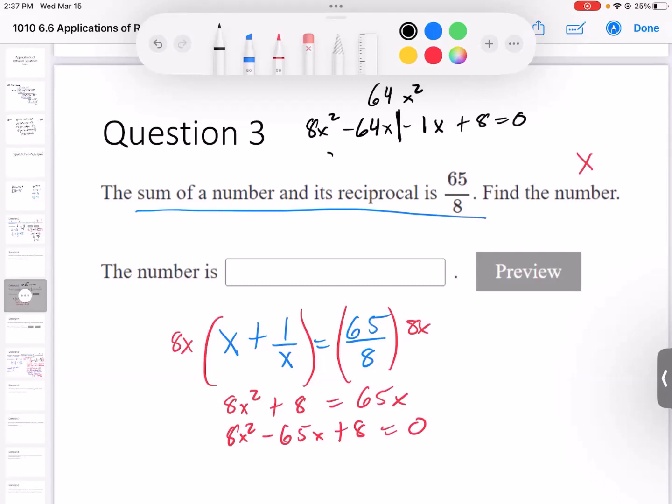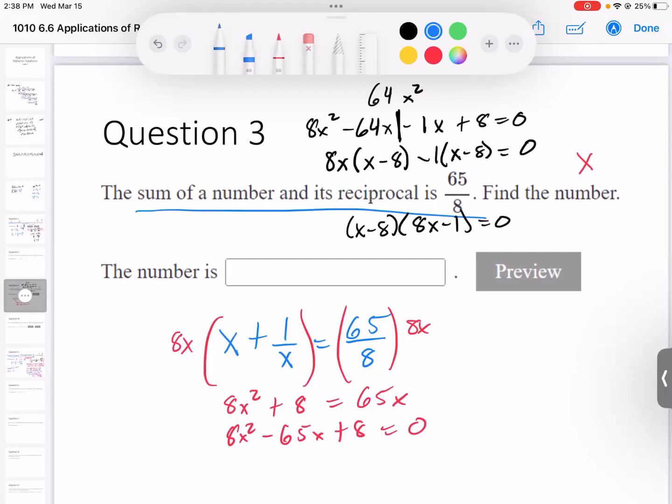The first group has an 8x in common, which gives me x minus 8. The second group, what would you want to factor out of that one? Perfect. And then that gives x minus 8 times 8x minus 1 equals 0.